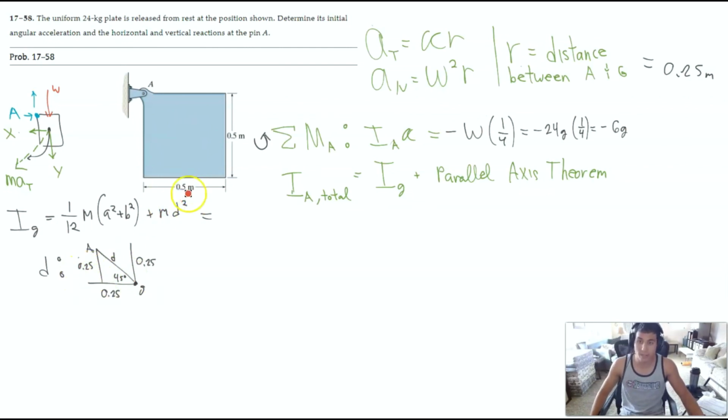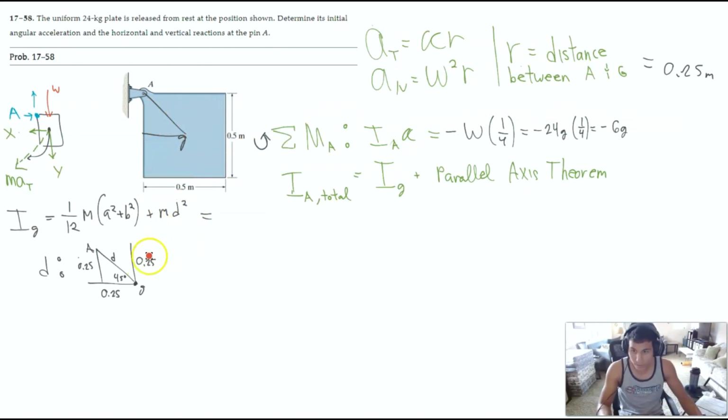So when we want to find D, it's the distance from A to G. G is right here, and I'll even write G here. What we want to find is the hypotenuse distance here. This is important because these distances we know, it's 0.5 and 0.5. D we don't exactly know, and we need it for the parallel axis theorem to work.